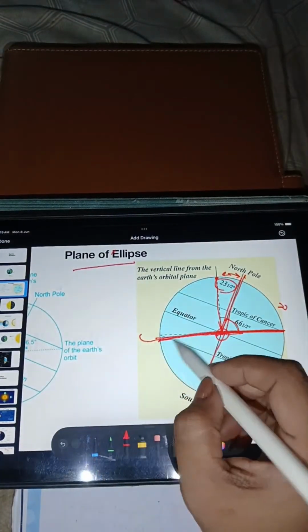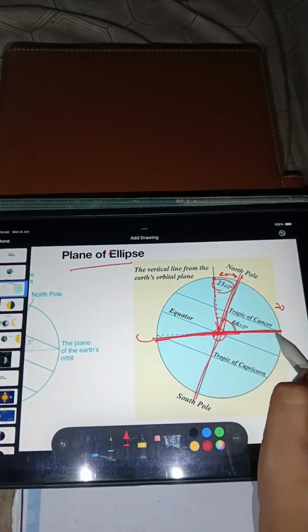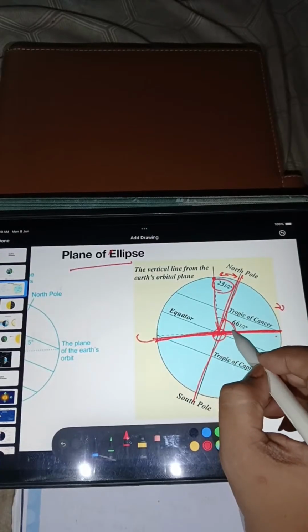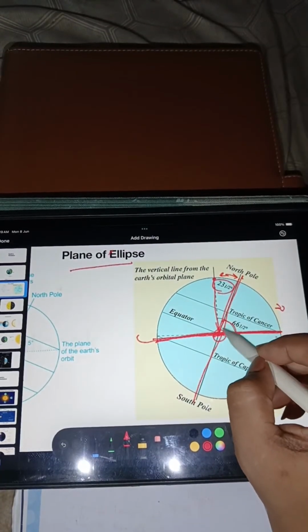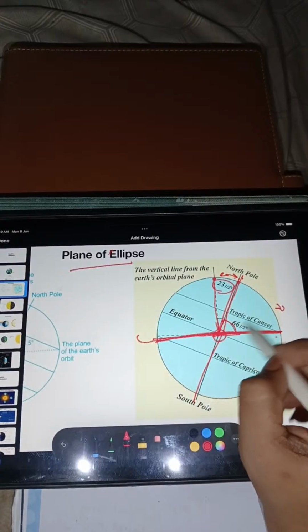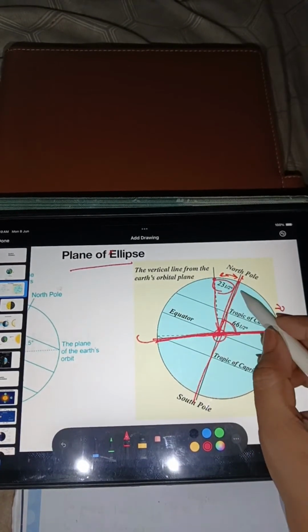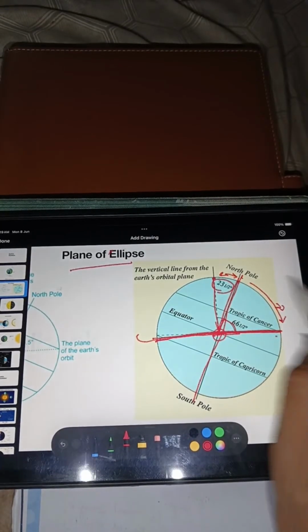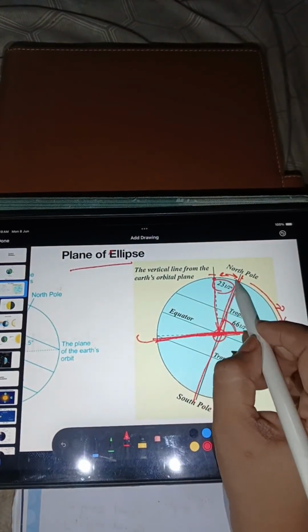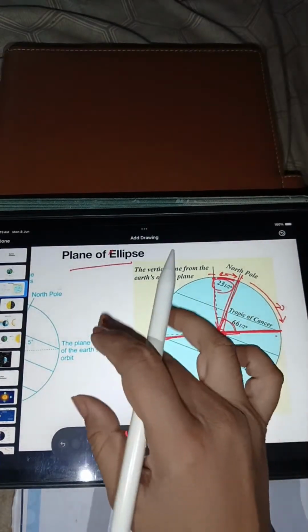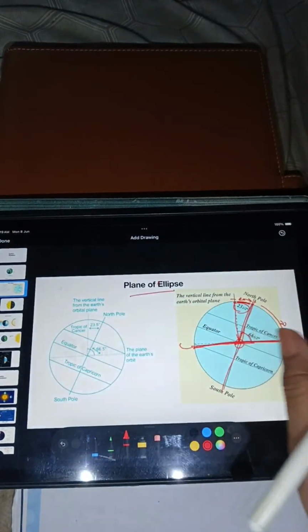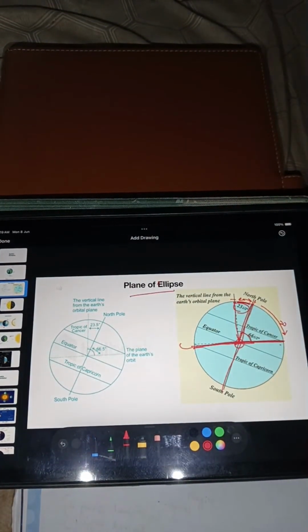From where we are drawing the perpendicular, this angle is determining how much the Earth is tilted. It is 66.5 degrees from pole to this side, and from the perpendicular it is 23.5 degrees. So this is the orbital plane or plane of axis in simple terms.